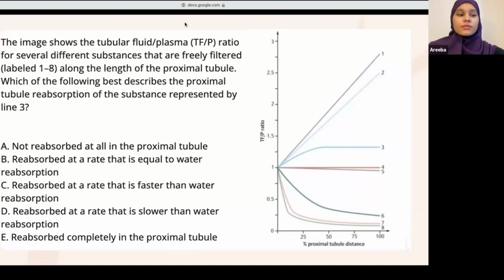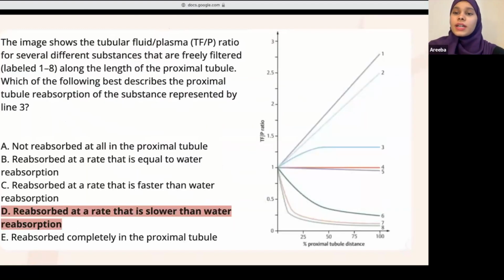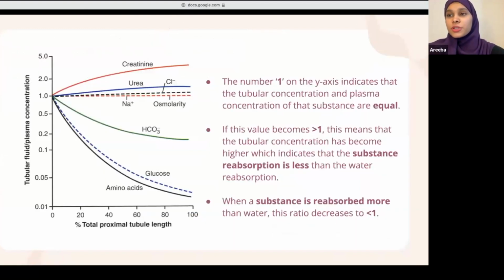Okay, D. Okay, so yeah, it is D. It is reabsorbed at a rate that is slower than water reabsorption.